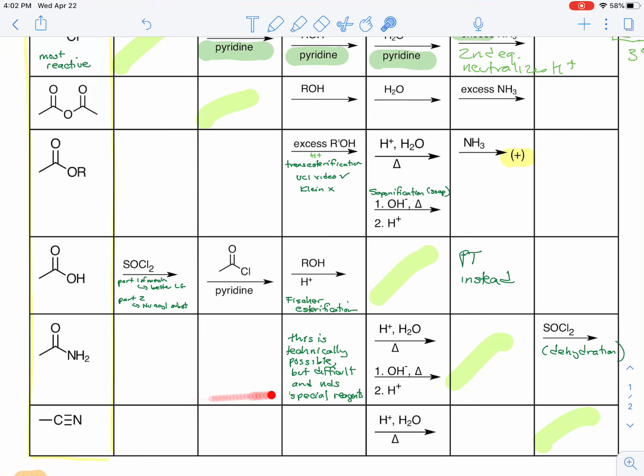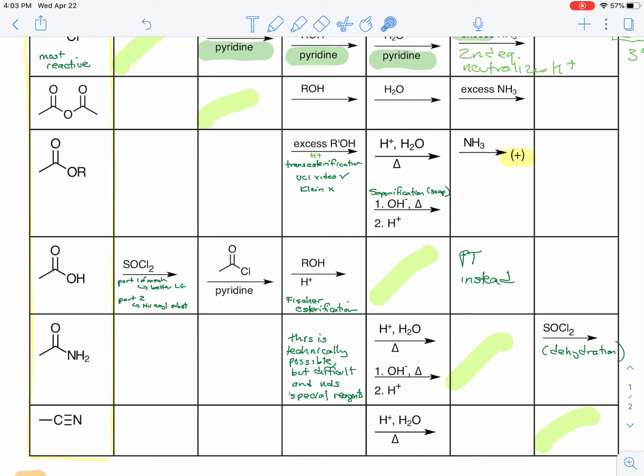And then for amides, in theory, you can take an amide and convert it into an ester. So my note here is that this is technically possible, but it's difficult and needs what the UCI lecture refers to as special reagents, meaning it's really hard.